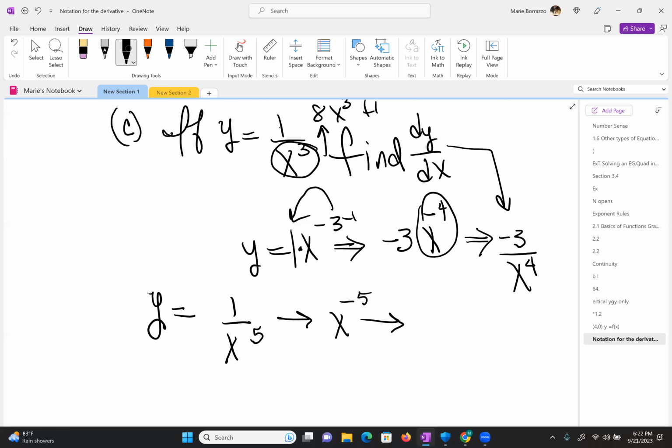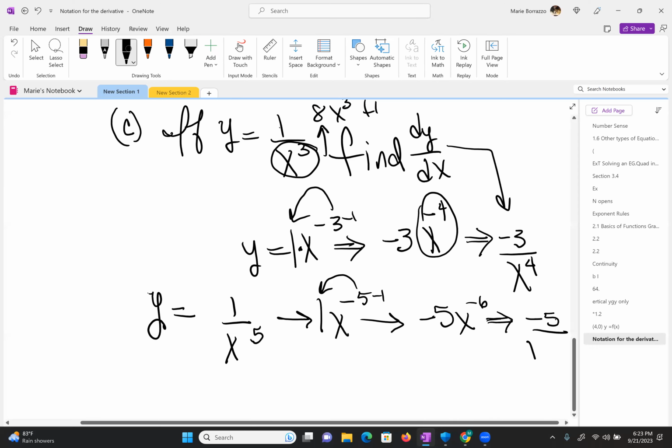And now we follow that this is 1, right? Because 1 is the numerator. Next step, multiply. So you have 1 times negative 5 is negative 5, obviously x, and then take away 1. So now we're at negative 6. What's the last step? We write it as minus 5 by x raised to 6. Yeah, minus 5 over x to the positive 6.